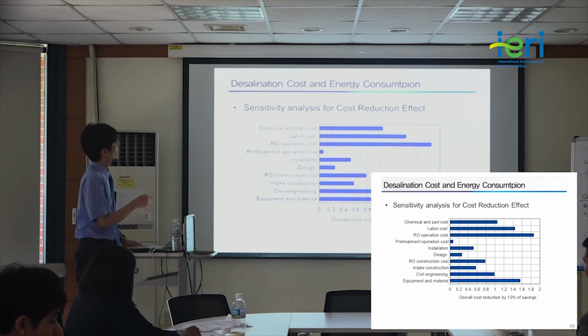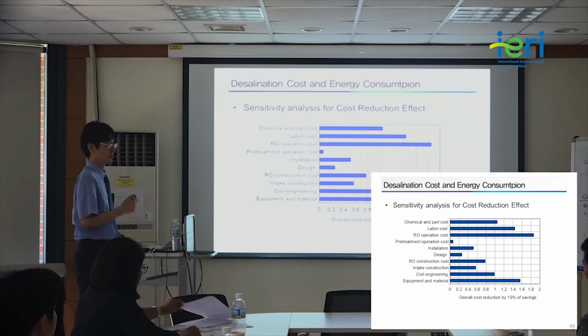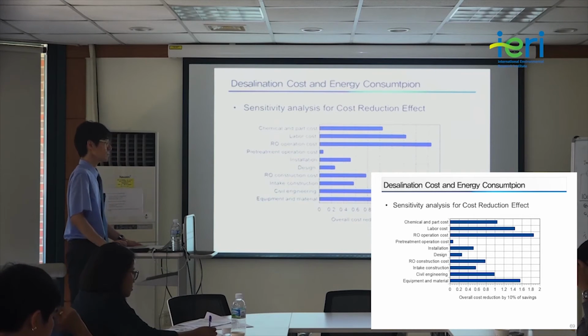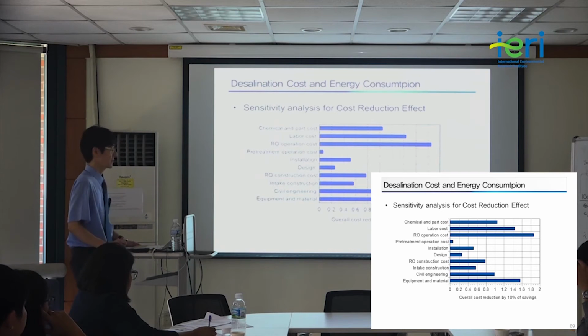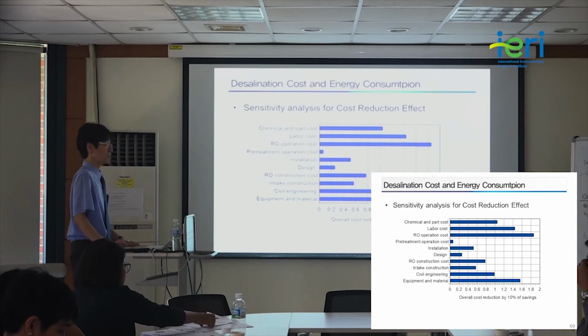So for example, as you already saw, the operation cost for the reverse osmosis is the most important part. And by reducing this cost for RO operation by 10%, we can reduce the total cost by around 1.9%.